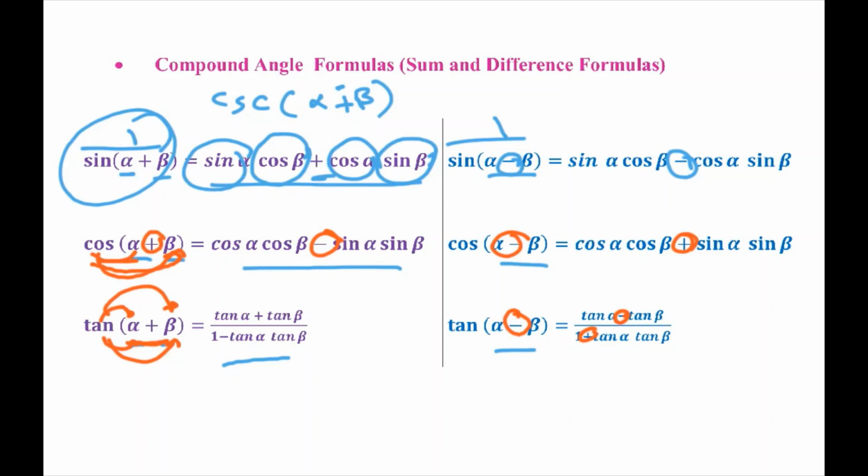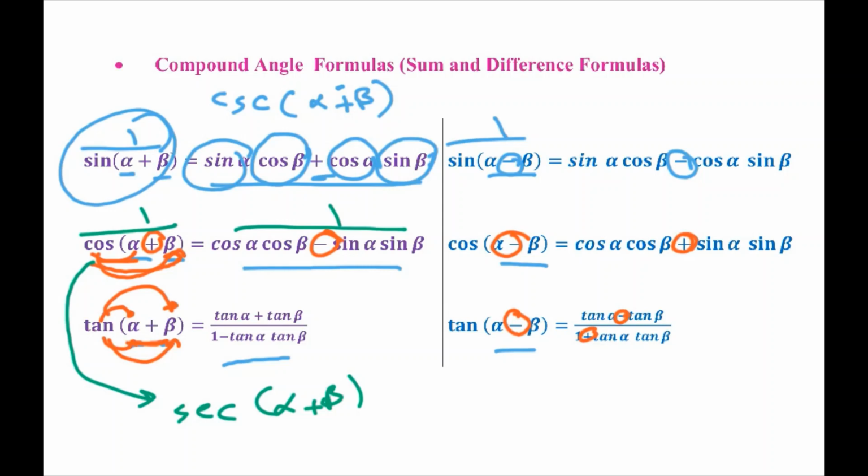When it comes to secant, secant of alpha plus beta will be 1 over the cosine formula. And when it comes to cotangent, for example alpha minus beta, you take the reciprocal of that function. So it's going to be 1 plus tangent alpha tangent beta over tangent alpha minus tangent beta.